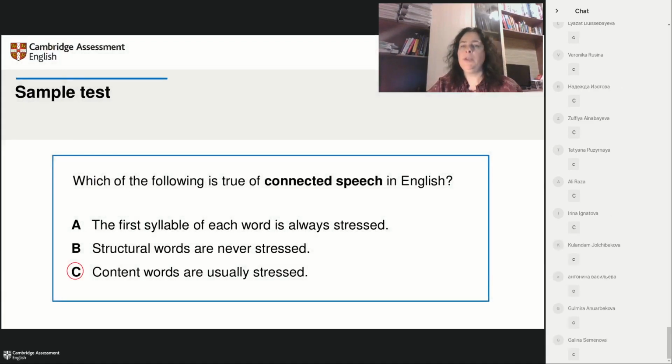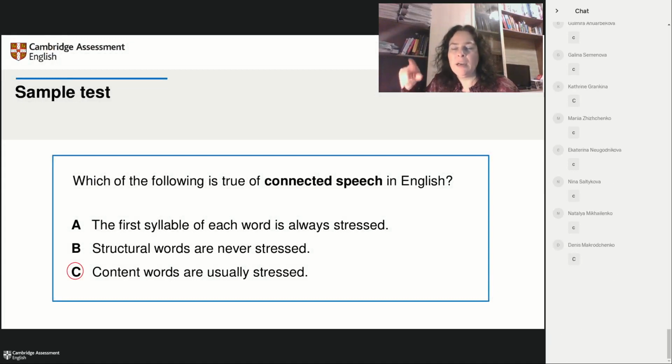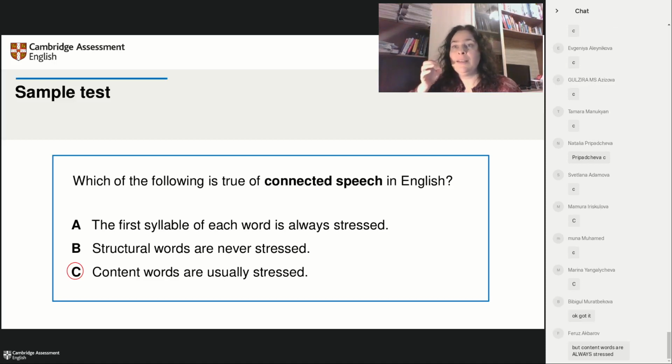I could see the question about the minimal pair. Someone didn't get the answer to the previous question. Yeah, so a minimal pair, let me repeat, is a pair of words which have similar sounds, but one sound is different. Yeah, let me give another example. Big, bag. Yeah, so in one there is I, and in another one is a. Yeah, but b and g are the same. So this is another minimal pair.